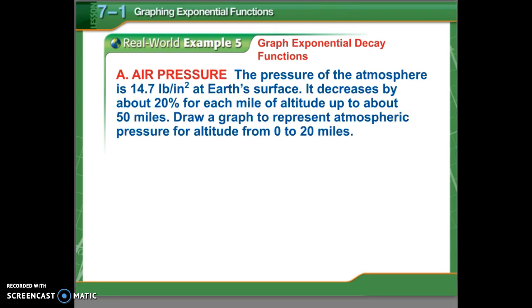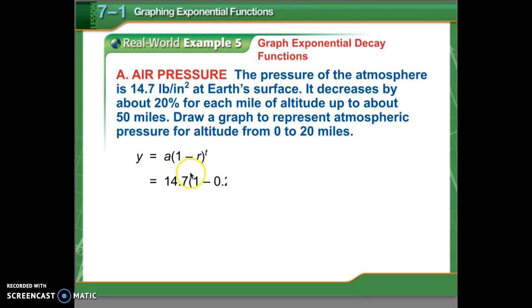Alright, for example 5, we're looking at a real-world problem on air pressure. It says the pressure of the atmosphere is 14.7 pounds per square inch at Earth's surface. It decreases by about 20% for each mile of altitude up to about 50 miles. Draw a graph to represent atmospheric pressure for an altitude from 0 to 20 miles.